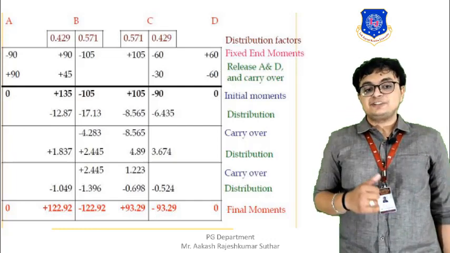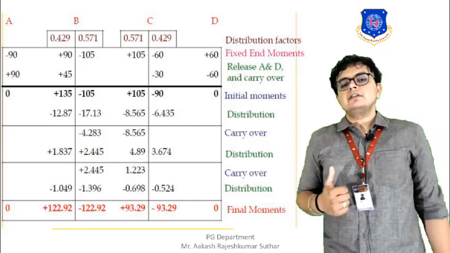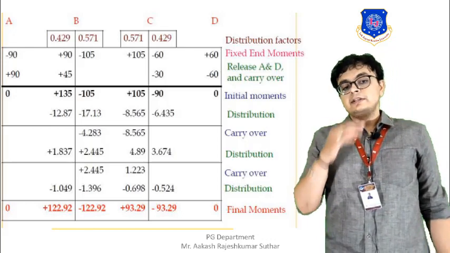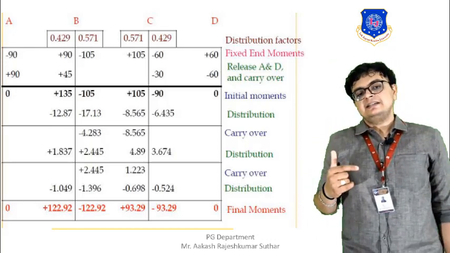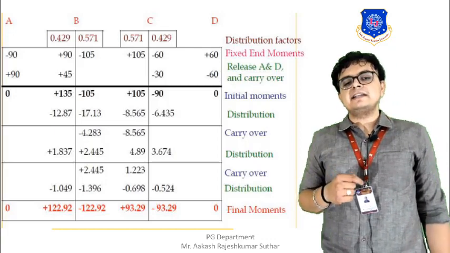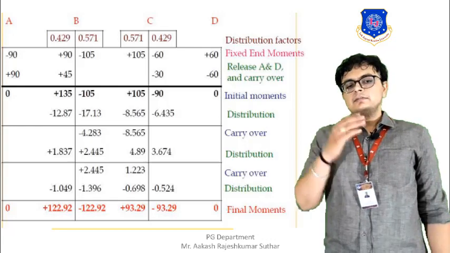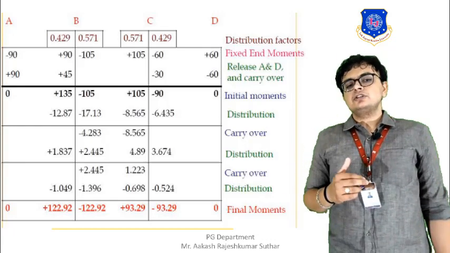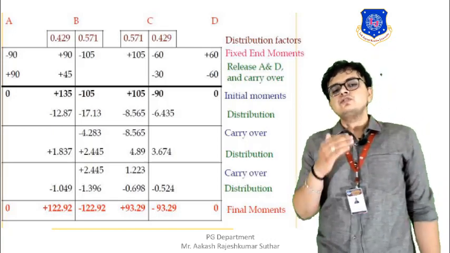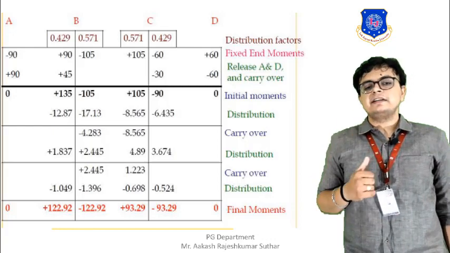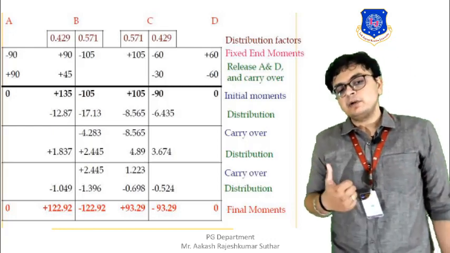At joint B, we have got the value of minus 4.283, and we have to multiply it with the distribution factor. Multiplying minus 4.283 with 0.429, we get the value of minus 1.837.